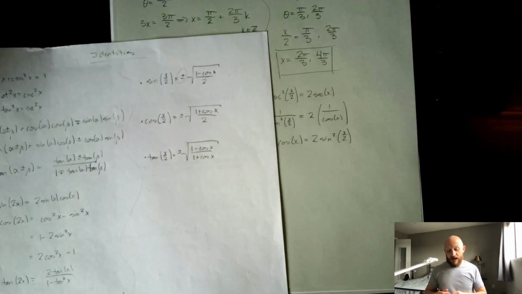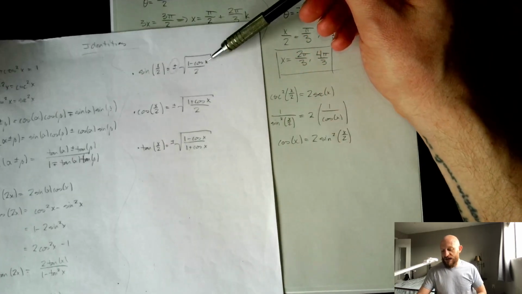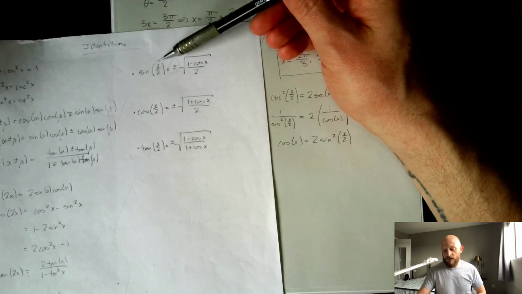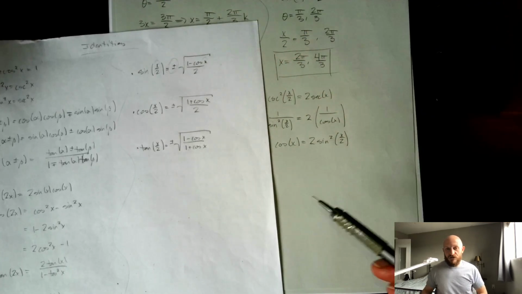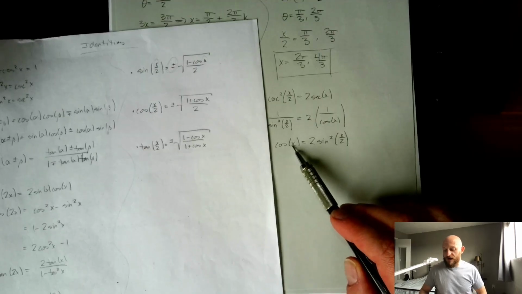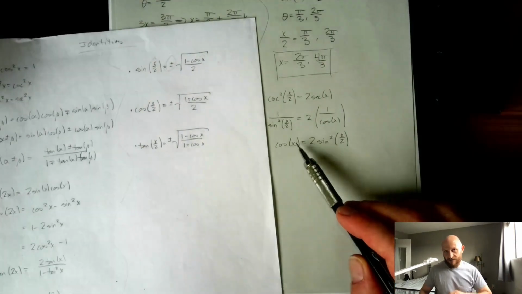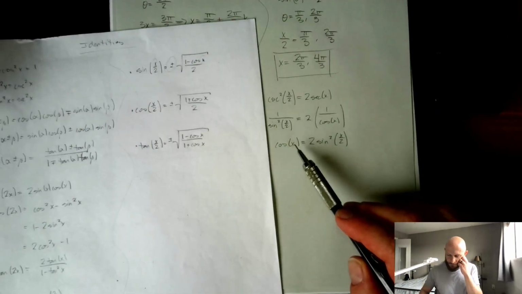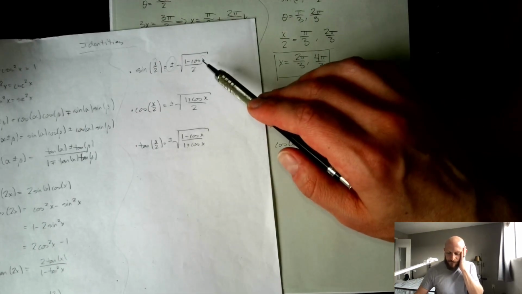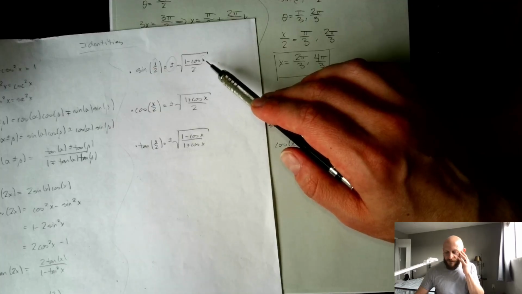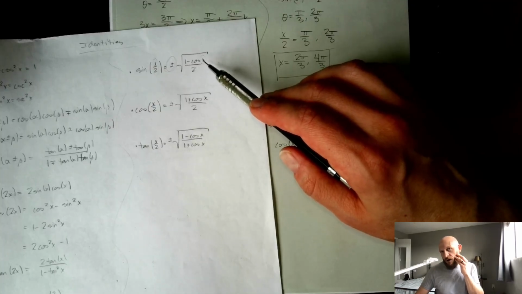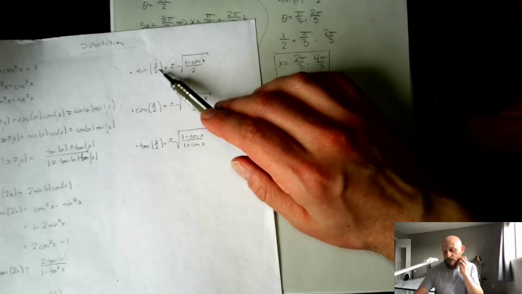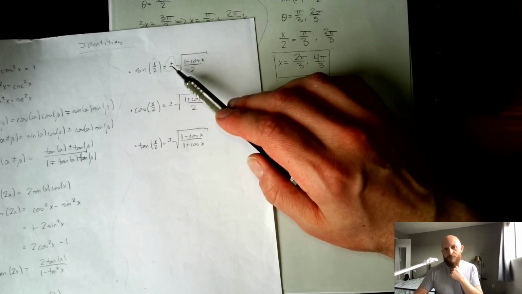So this is really nice on the one hand because it's going to change the half angle into just an x, which is really promising because cosine is given as just cosine of x. It's not a half angle. Oftentimes the difficult part of using these half angles is the plus or minus bit.